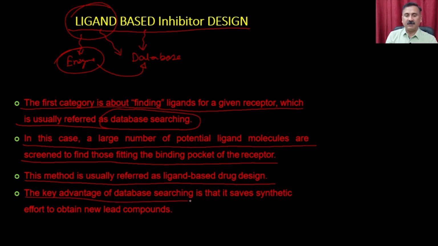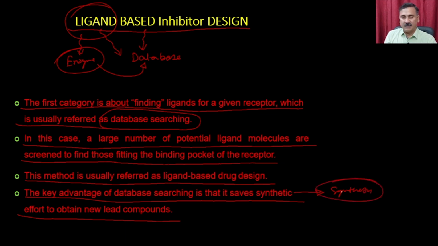The key advantage of database searching is that it saves the synthetic effort to obtain a new lead molecule, which means it reduces the effort to synthesize these molecules and then test them in the enzyme assay and all that.